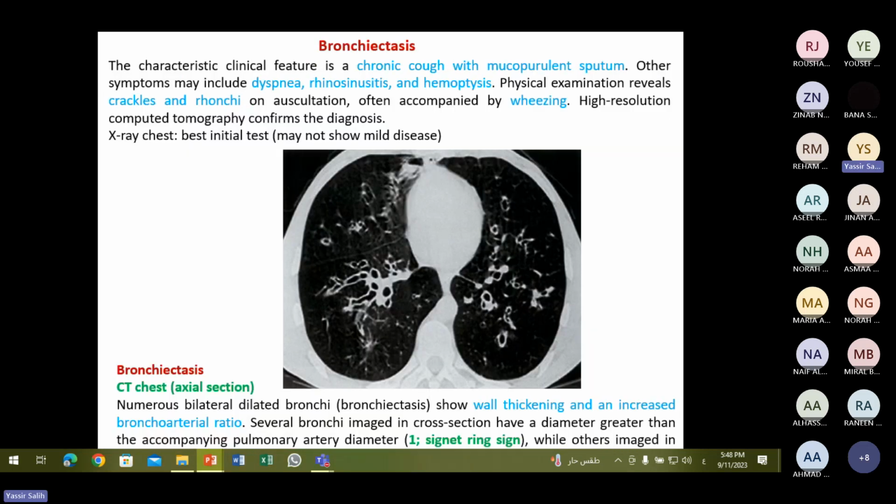Bronchiectasis. What is bronchiectasis؟ يعني ايش bronchiectasis؟ What is the pathology؟ لما نقول bronchiectasis, this condition characterized by what pathologically? Bronchospasm and inflammation. Spasm. Bronchoconstriction or thickening of bronchi and inflammation.